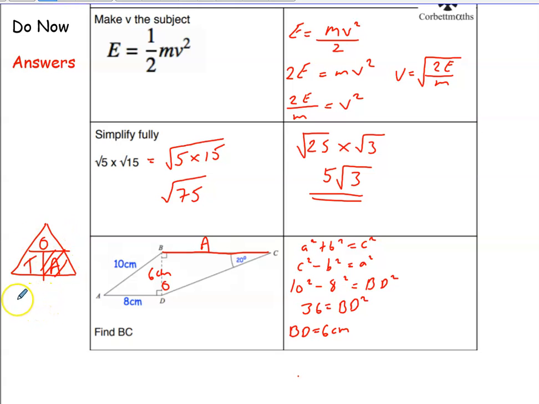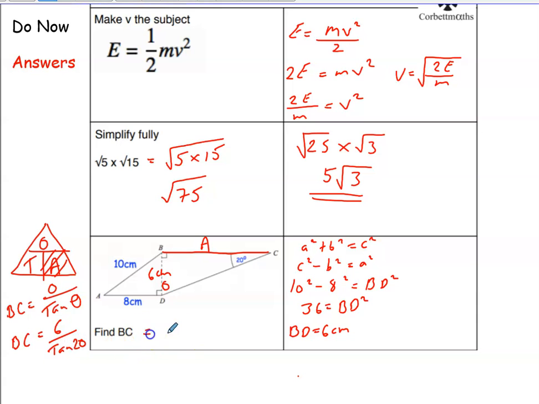Okay, so if we write, sorry, BC is what they're calling it. BC equals O divided by tan of the angle. And then for BC, put the values in. So 6 divided by tan 20.